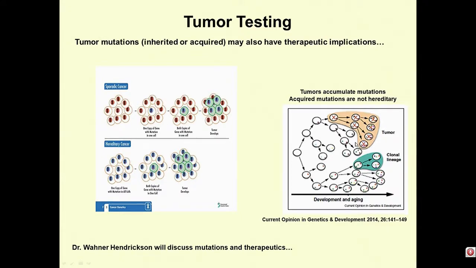So ideally, we are offering our patients both germline and tumor testing, and these results might not actually be identical. And so that information from both the germline testing and the tumor testing can be used in some cases to help decide upon chemotherapeutic agents for patients.